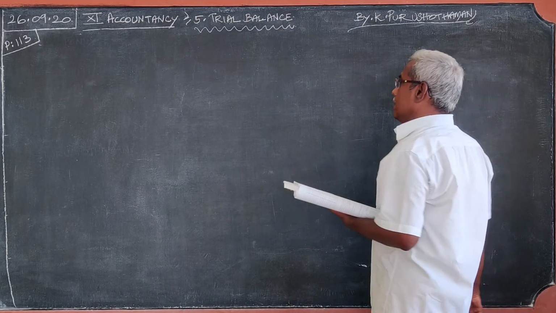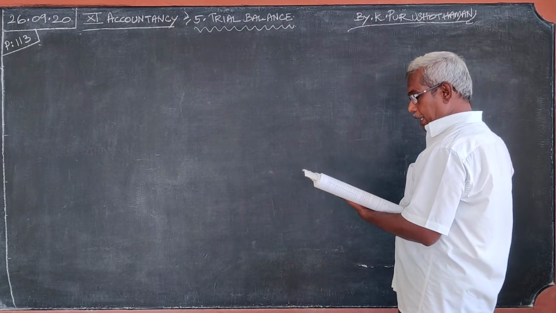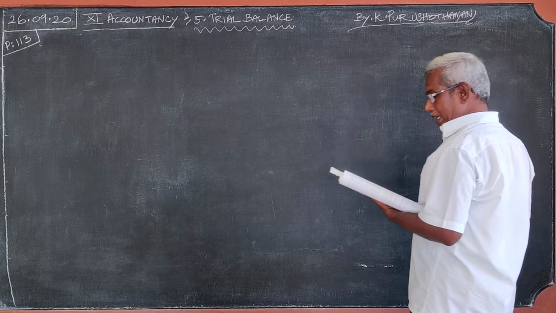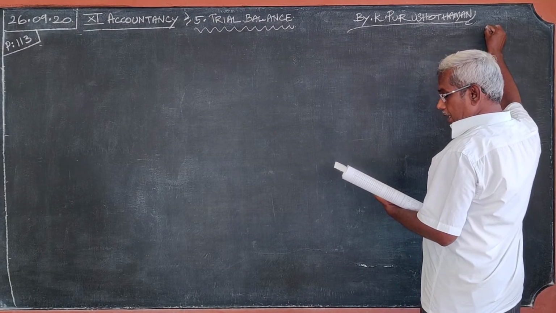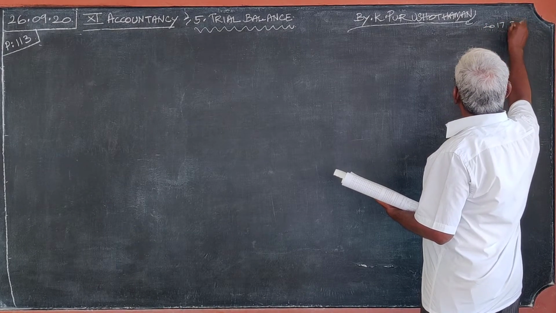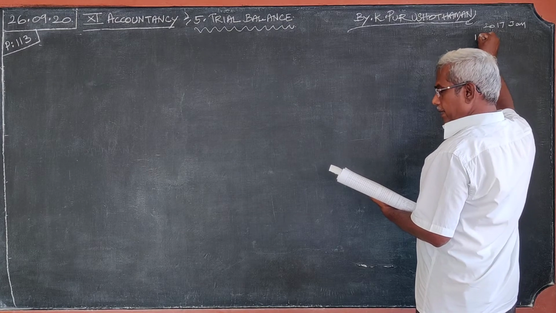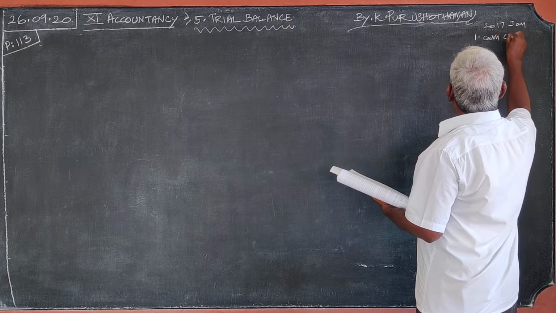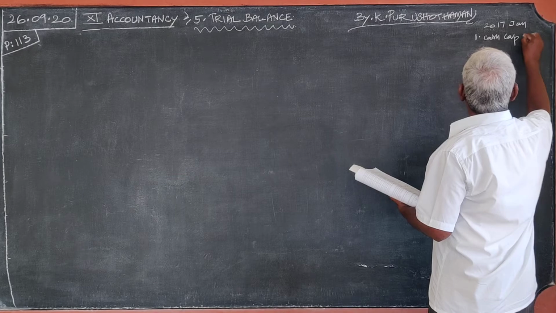Before preparing the ledger accounts, I shall make a note of all these journal entries for the sake of my convenience. On 2017 January, the first date: cash, capital, 5 lakhs.